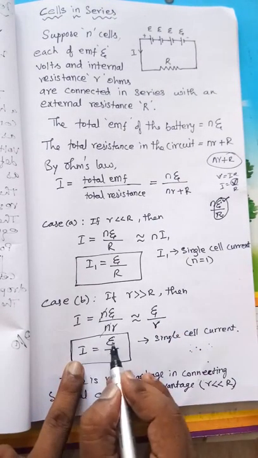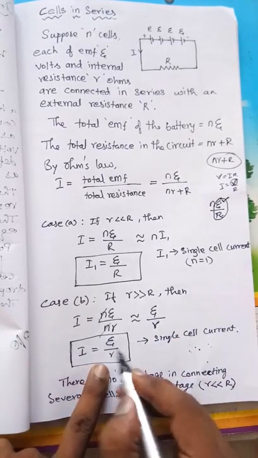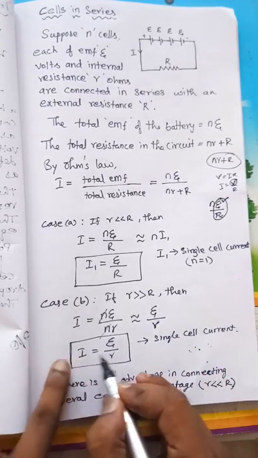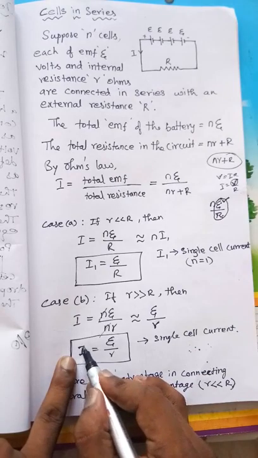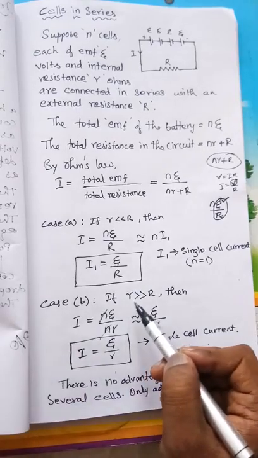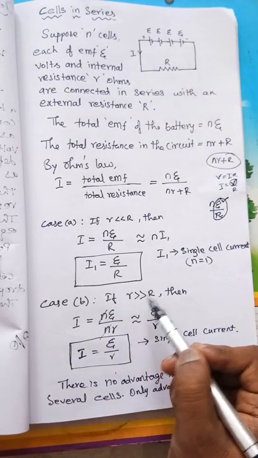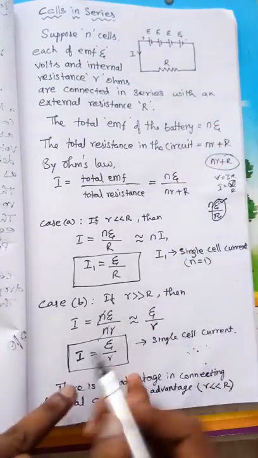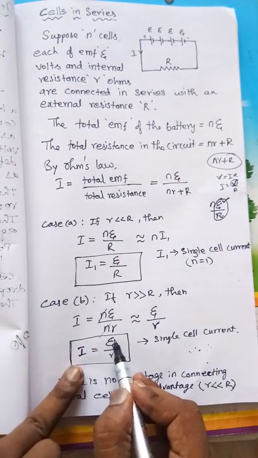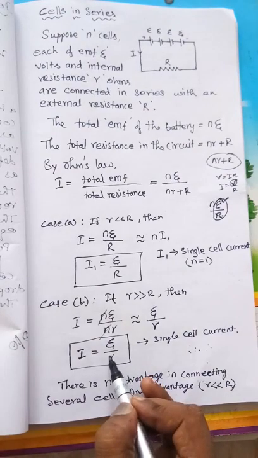Total current I is equal to E divided by r, which means the single cell current. If the cell's internal resistance is very much greater than R, you get total current I equal to EMF of the cell divided by internal resistance of the cell, small r.